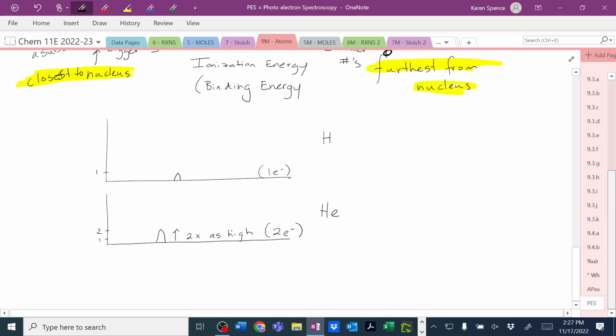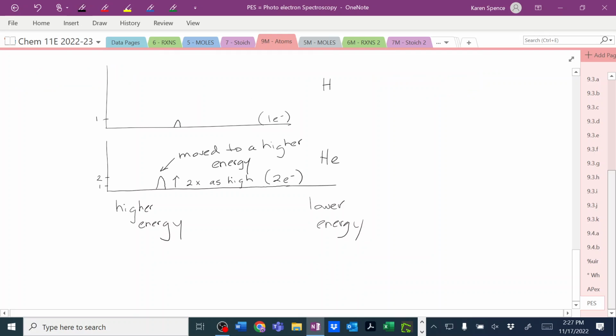It's moved to a higher energy, and over here we have, of course, our lower energy. There's our hydrogen, there's our helium. Now what's going to happen with lithium with that same peak?